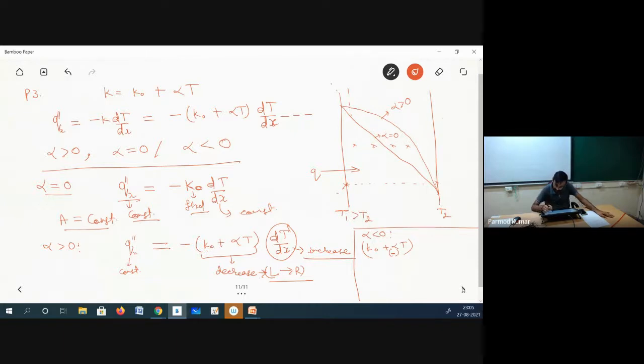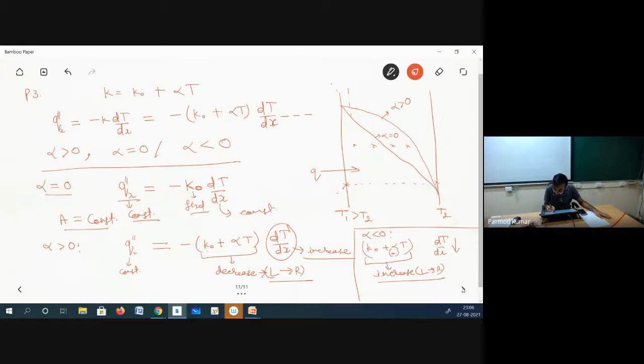When I move towards the right, the value of t is decreasing, so the overall product of alpha into t will decrease and the overall thermal conductivity will increase. So K naught plus alpha t will increase from left to right when alpha is less than 0. If this conductivity value is increasing, in order to keep the left hand side constant, dt by dx has to decrease.